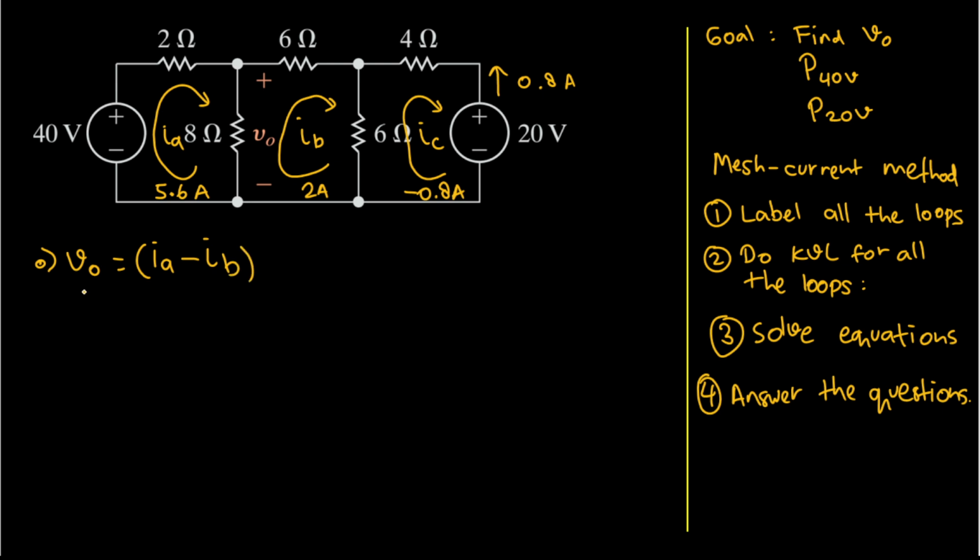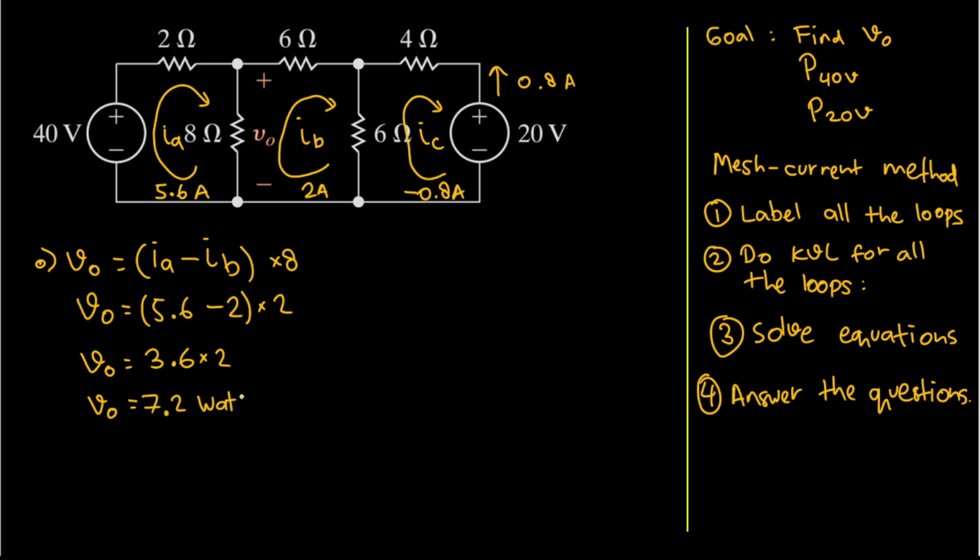And then, because voltage is current multiplied by the resistance, we multiply it by 8. Then plug that in, so V0 is equal to 5.6 minus 2 multiplied by 8. And so V0 is equal to 3.6 multiplied by 2. Therefore, V0 is 7.2 watt. Okay, that is V0.